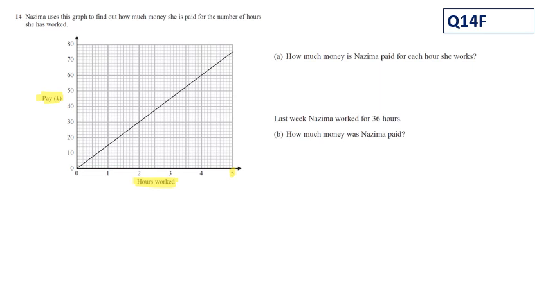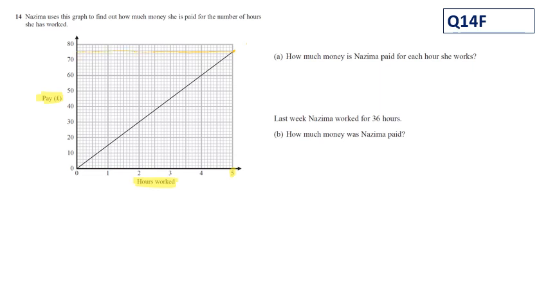And to do that, I need to find the value of pay for this point right here. Unfortunately, I don't have a ruler, but I can see that that point on the very end of the graph right here is halfway between 70 and 80.